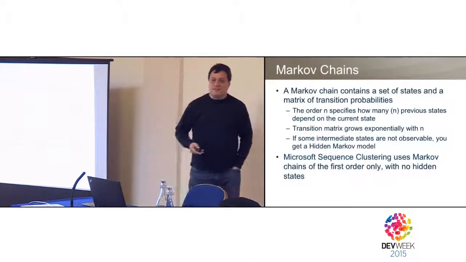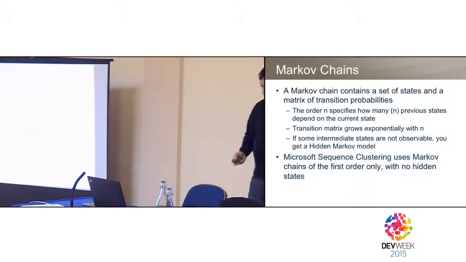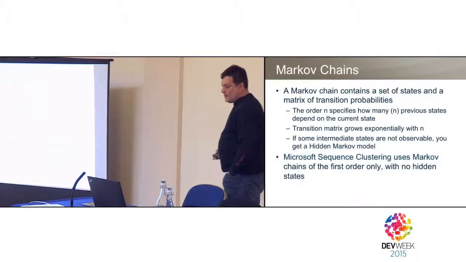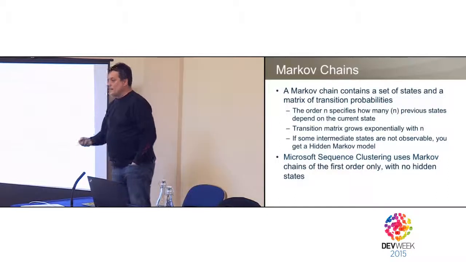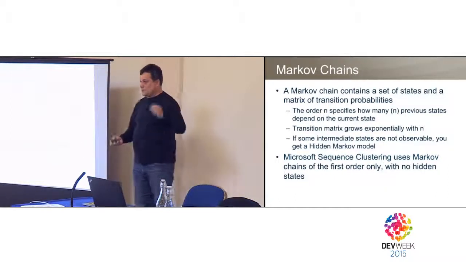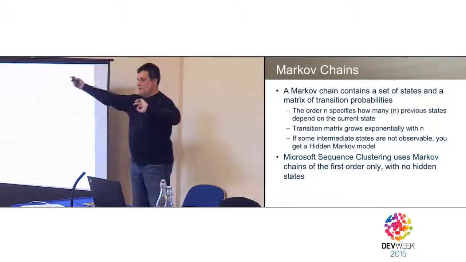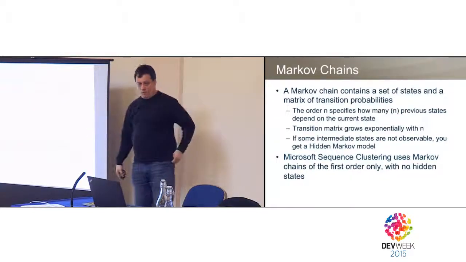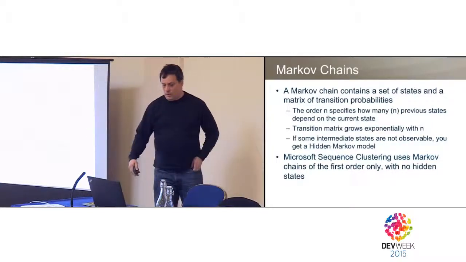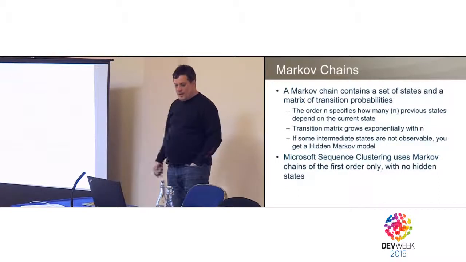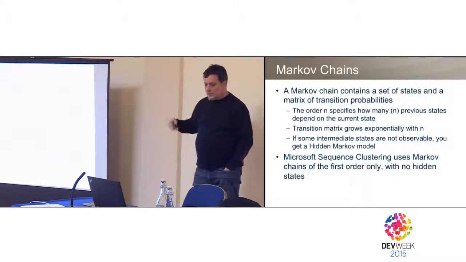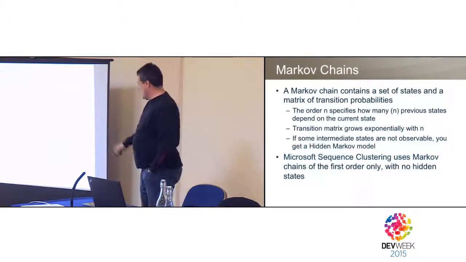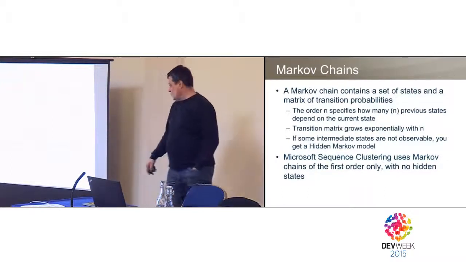So we describe sequences with Markov chains. We describe them with a set of states, and we create a matrix of transition probabilities. So a transition from this state to this state has probability 0.9. The order of this matrix specifies how many previous states the current state depends on, and of course the size of the transition matrix grows exponentially with n.